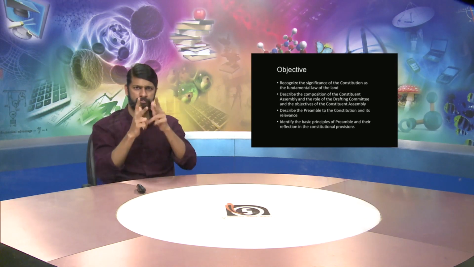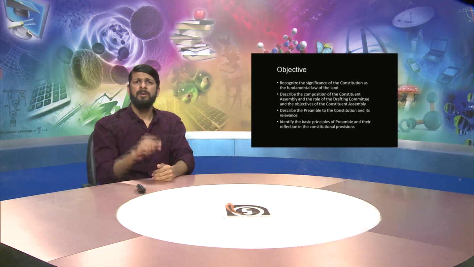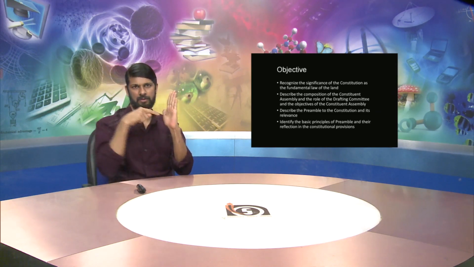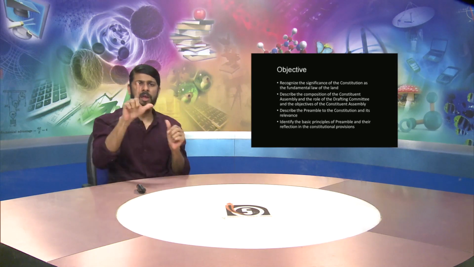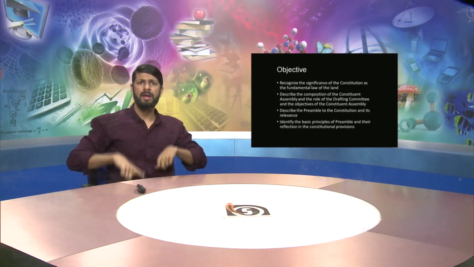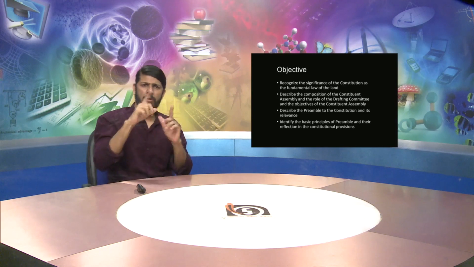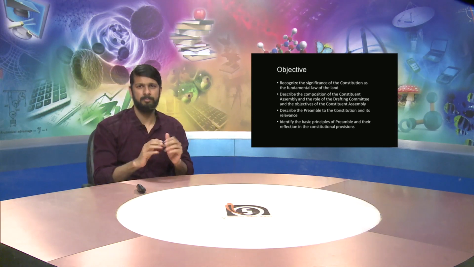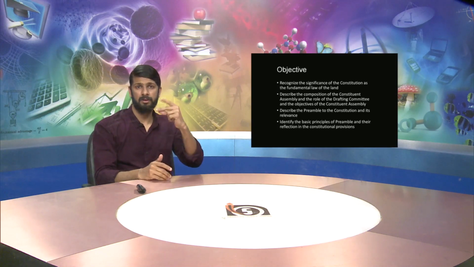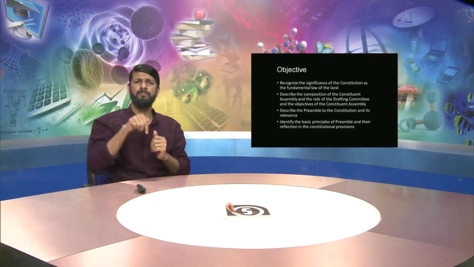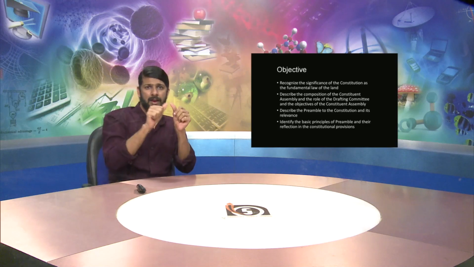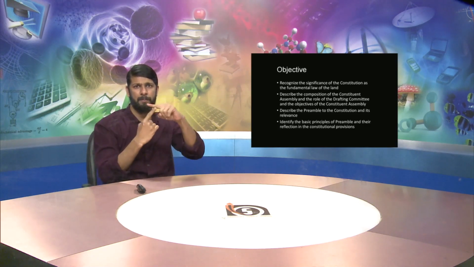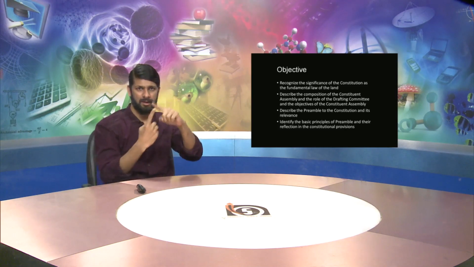Let us now understand the objectives of this lesson. We would recognize the significance of the Constitution as the fundamental law of the land. Also, we would be able to describe the composition of the Constituent Assembly.